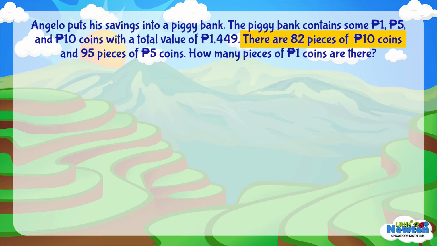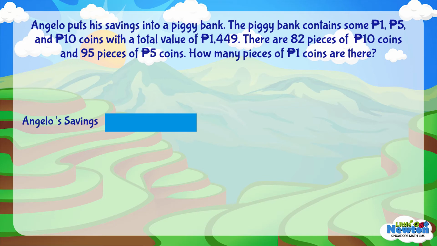There are 82 pieces of 10 peso coins and 95 pieces of 5 peso coins. Let's use a rectangle to represent the total value of all 10 peso coins. We can divide the rectangle into 82 parts and each part represents 10 pesos.